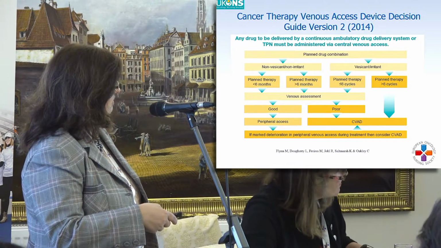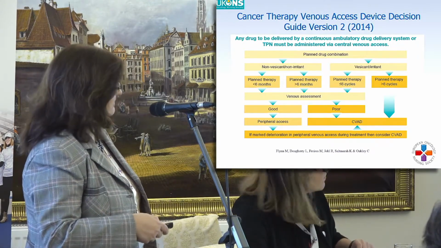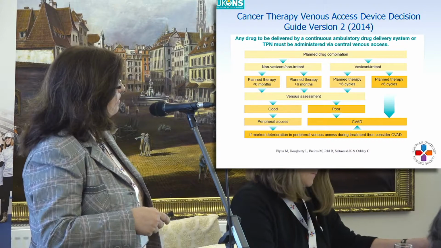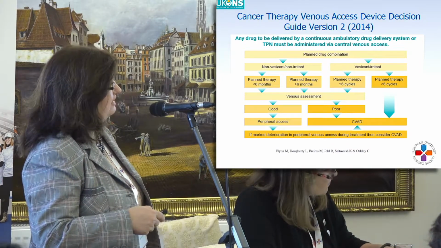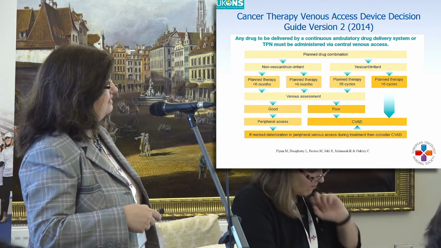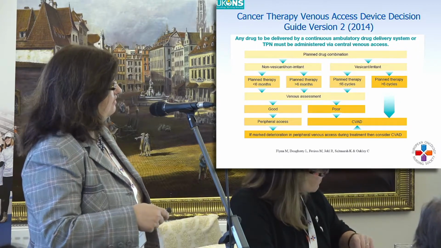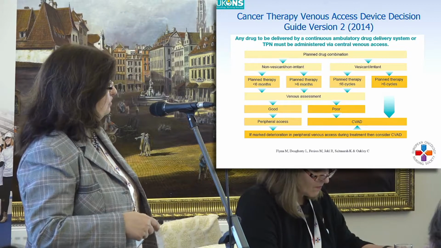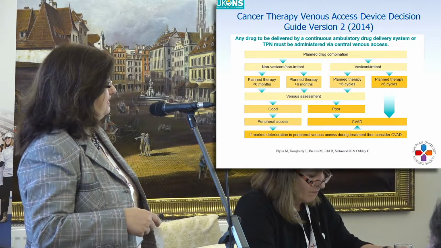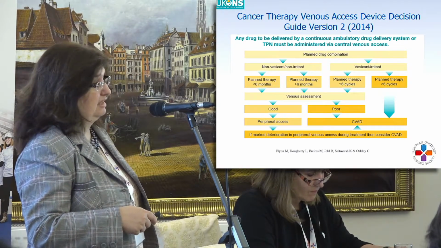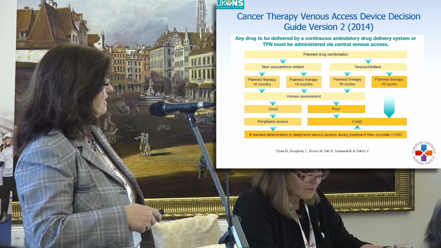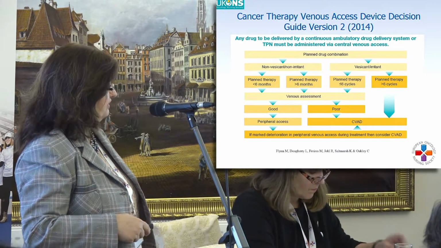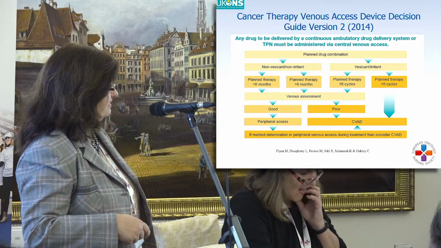Okay. So how can I choose the right venous access device? We have a guide that could help us. If the patients do not have vesicants or irritants in their chemotherapy medications, you can do it by peripheral venous access.